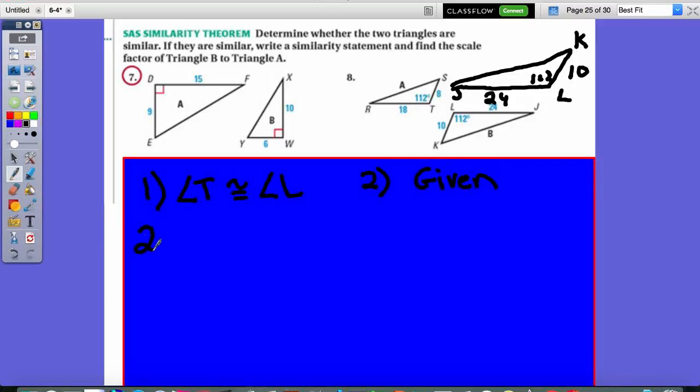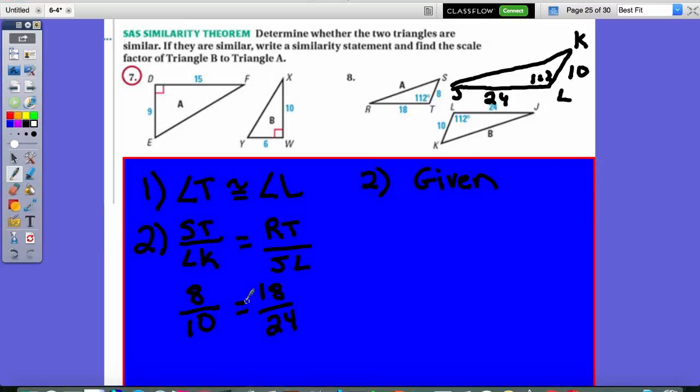Now, for these to be similar, I need the corresponding side length of ST, which is going to correspond to the side length of LK, to be the same ratio as RT to JL, which means I need 8 over 10 to correspond to 18 over 24.